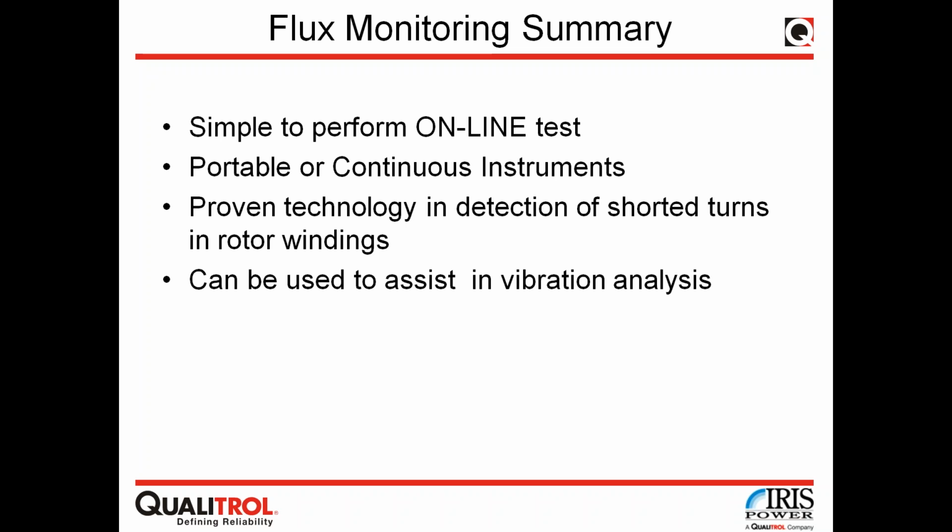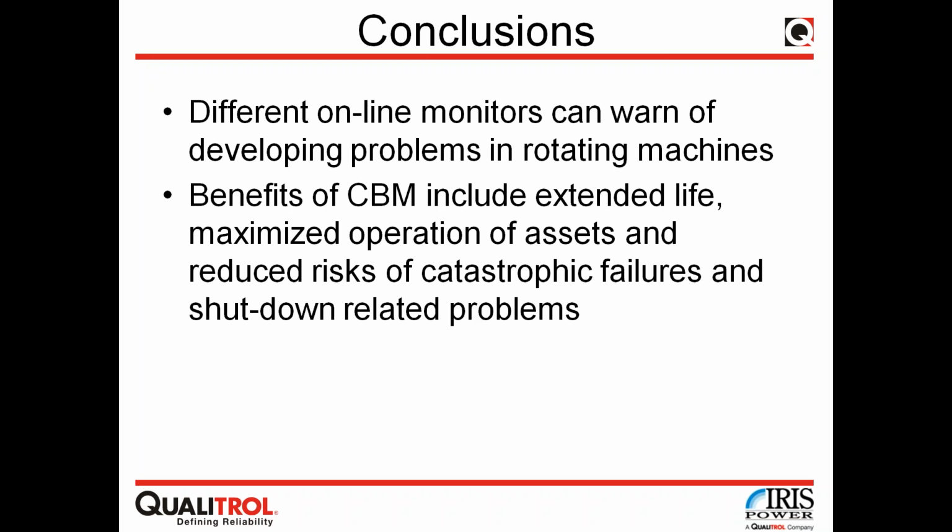So that was the presentation. To conclude, there are different types of monitors, and the benefits of condition-based monitoring include extended life and maximized operational revenue from the asset, minimizing the potential for catastrophic failure and shutdown-related problems, which are frequent.